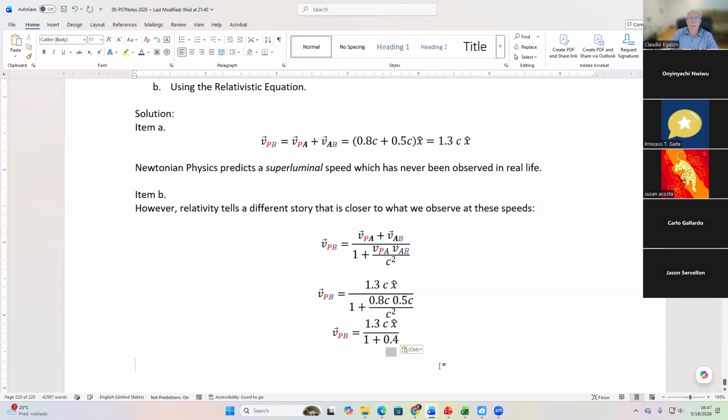Here you go. And now we are going to get a speed that's not superluminal. 1.3 divided by 1.4 is 0.93 the speed of the light.